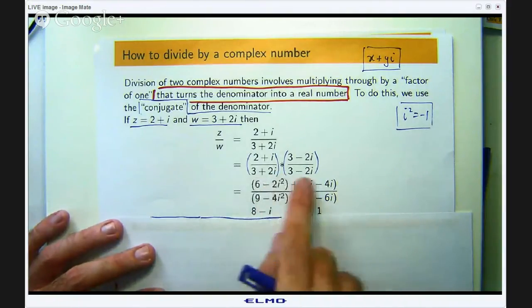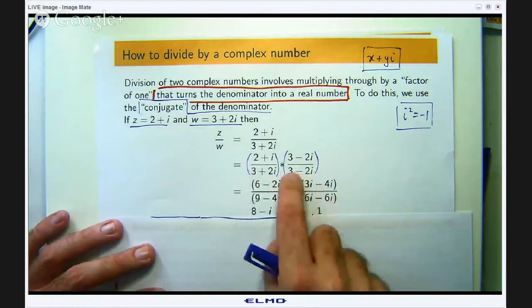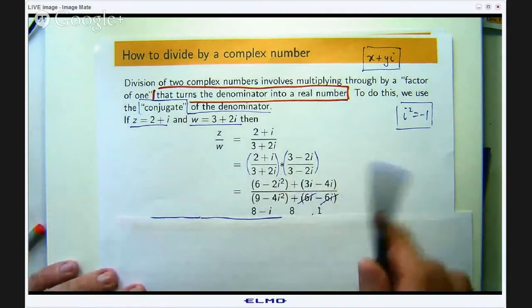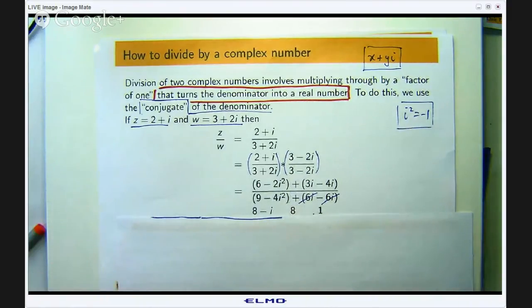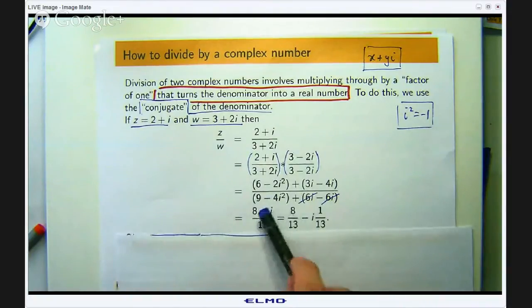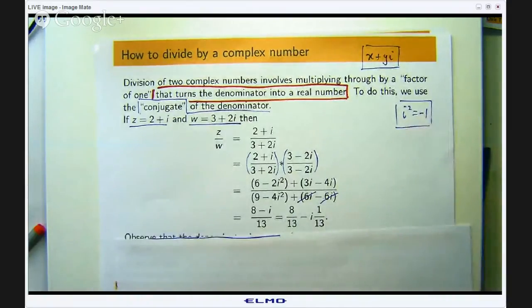And then the other one, you've got 3 times -2i, -6i, plus 3 times 2i. So they will cancel off, and you'll be left with 9 plus 4 down here, because i squared equals -1. So 9 plus 4 gives you 13, and if you want to split that up and write it in this Cartesian form, I can do it like this.